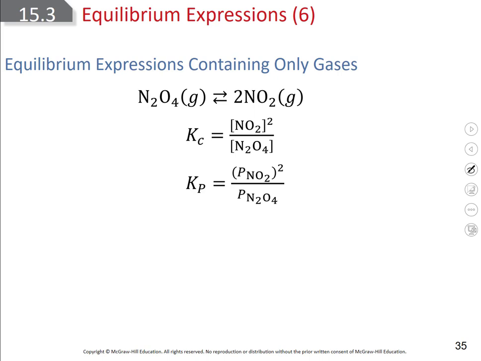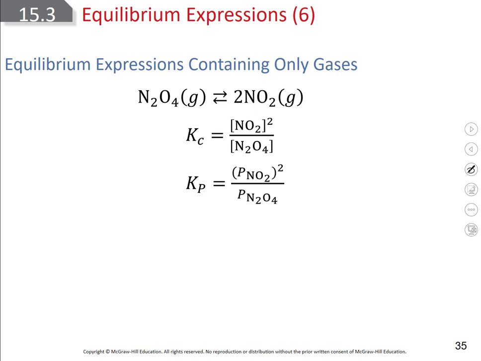We were talking about them in terms of their partial pressures. Dalton's law, the total pressure is equal to the sum of the partial pressures. We generally keep track of how much gas we have by its pressure, rather than trying to calculate its molarity. Like it's easy with an aqueous solution to calculate its molarity. With gases, it's much trickier. We're usually talking about it in terms of its pressure.